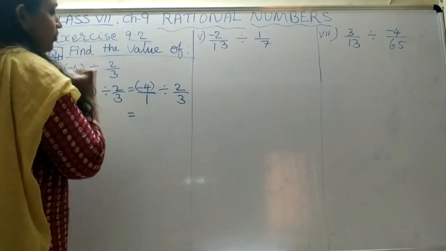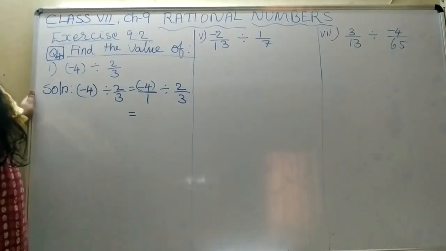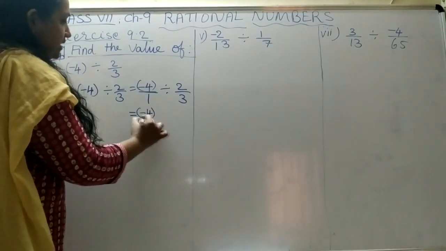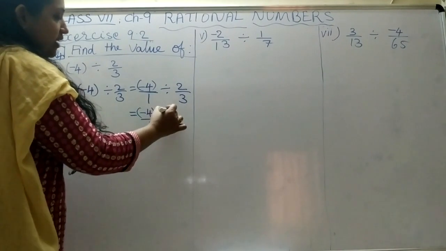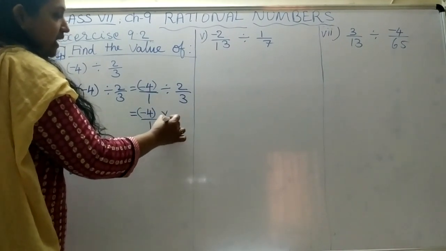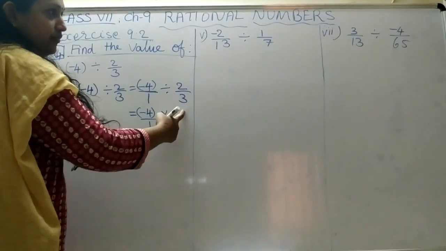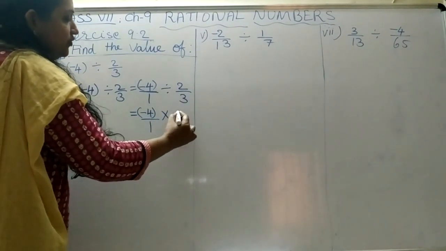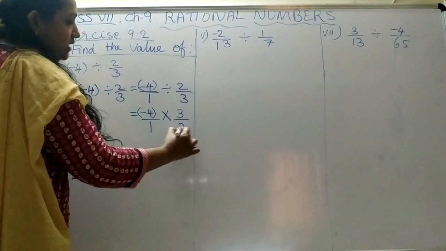Now we can apply the rule of division of rational numbers. We write the first number as it is, then division becomes multiplication, then take the reciprocal of the next rational number. The reciprocal of 2 by 3 is 3 by 2.